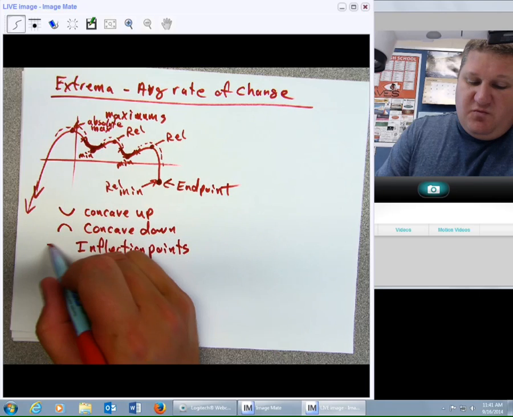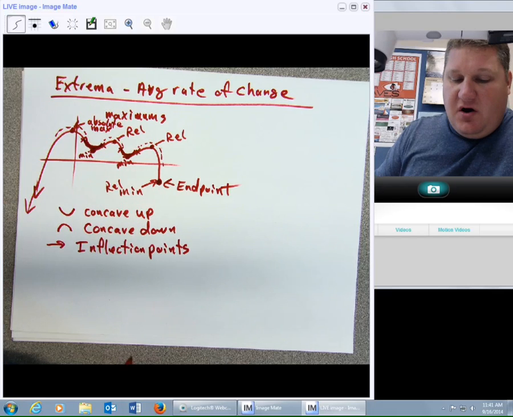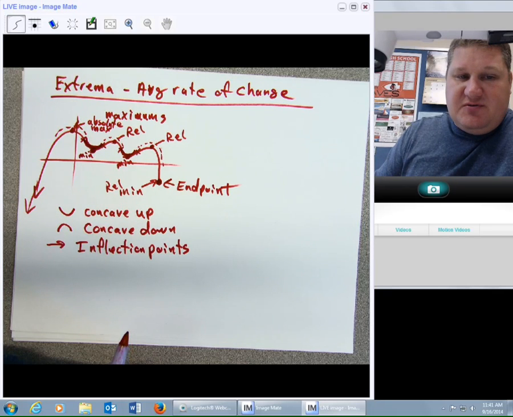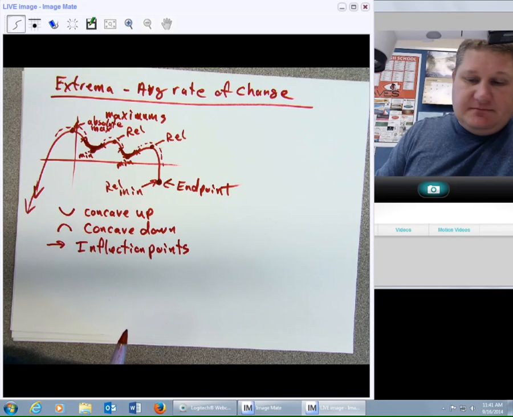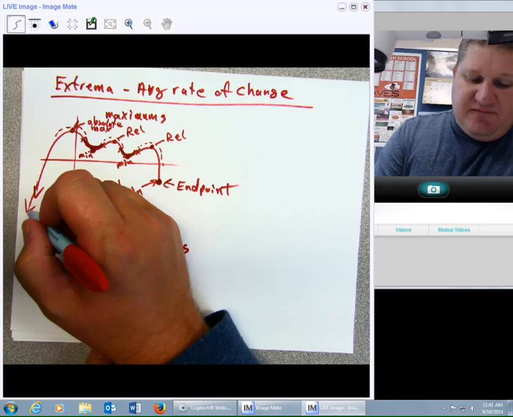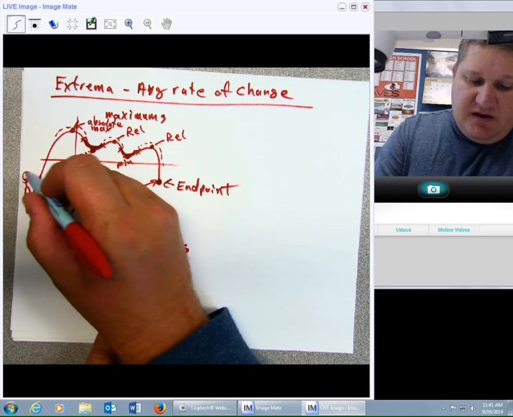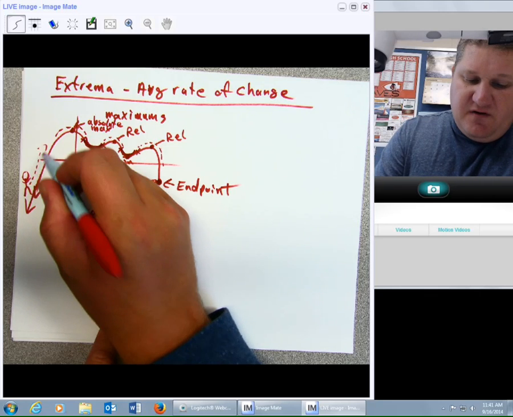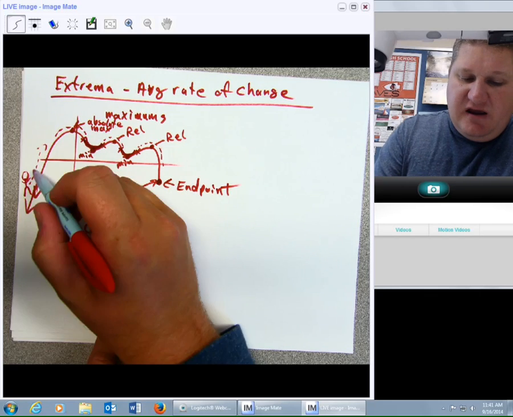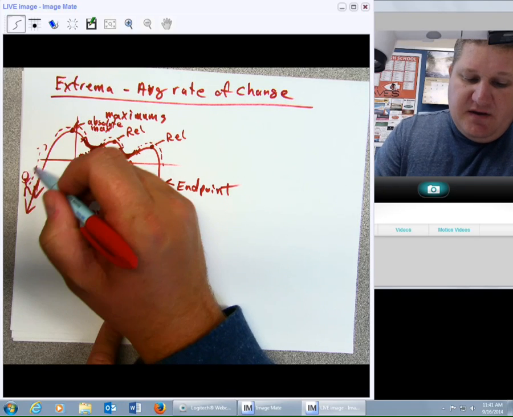Unfortunately, where these points are exactly, and really where the maxes or mins are, you won't be able to determine 100% until calculus. Now, another issue here is, as we read the graph from left to right, so let's move along the graph here. We have a little guy. He's walking along the graph this way from left to right. In this case, he has to go up. So this one would be increasing.